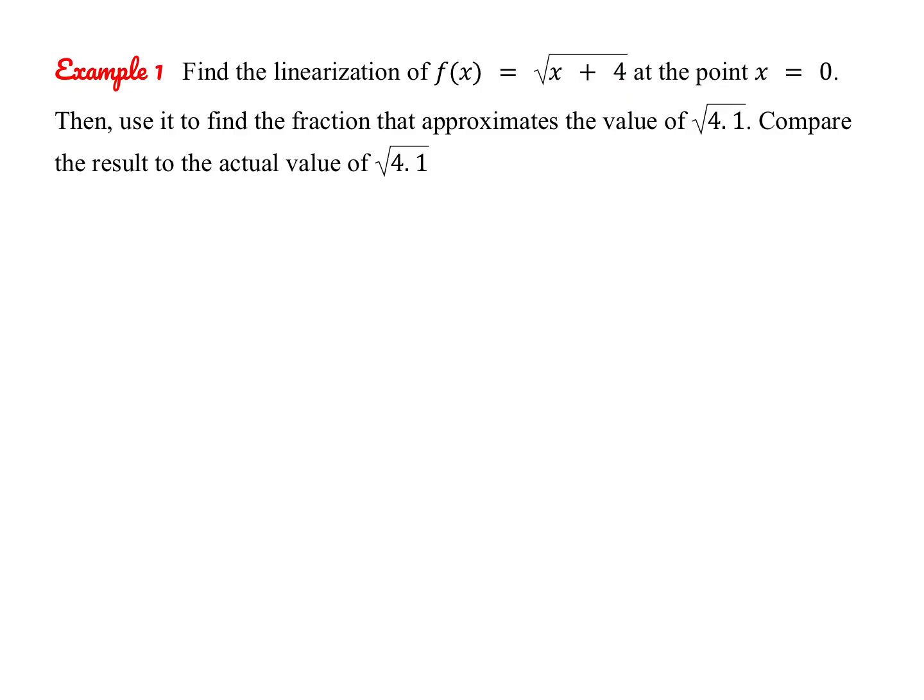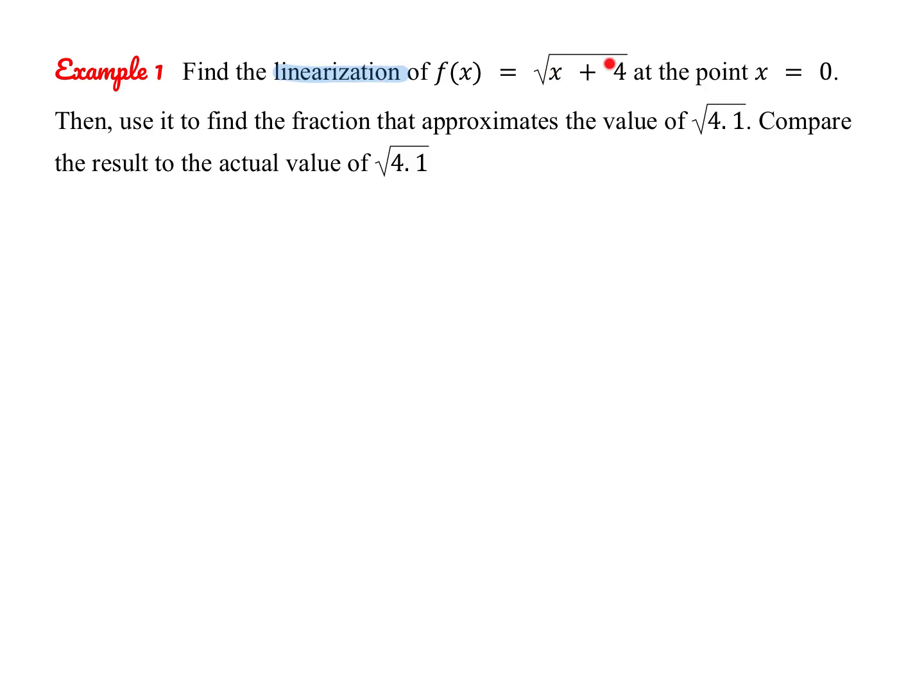Here, I'm going to make the tangent line equation, aka the linearization, at x equals 0. The reason I'm doing it at x equals 0 is because when x is 0, I have the square root of 4, which is really close to the square root of 4.1. In fact, it's 0.1 below it, so it's close enough where the linearization would provide a good estimate.